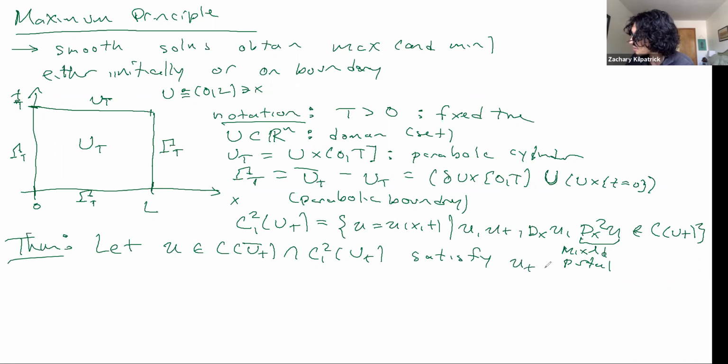I'm running out of space here. I'm going to drop down a line. u_t(x,t) is equal to k Laplacian of u(x,t). Okay.